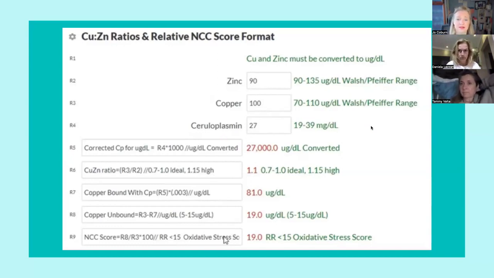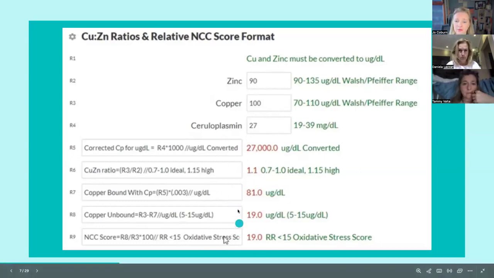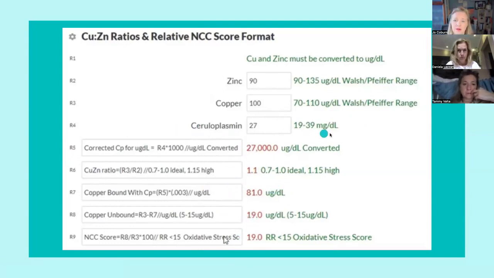You can get this ratio, but you cannot know what is bound versus not bound without this number. So it's important to know what the ceruloplasmin is. And after today, when we talk about it, you'll be able to give reasons for why that should be.